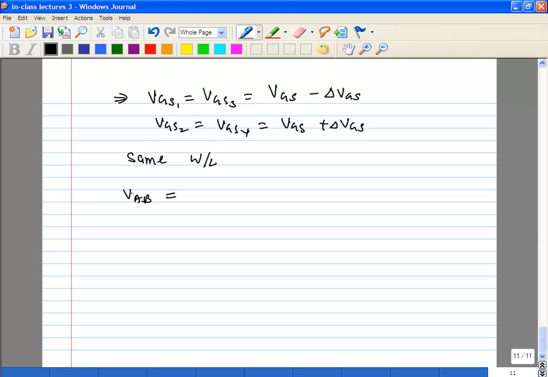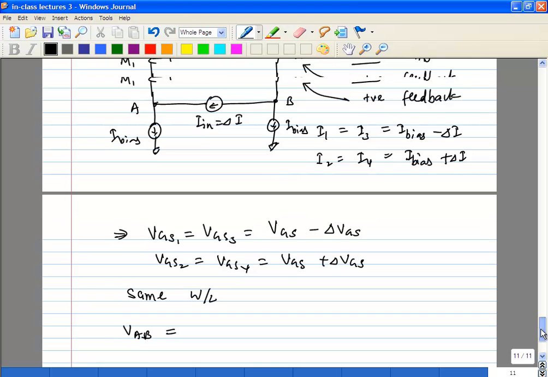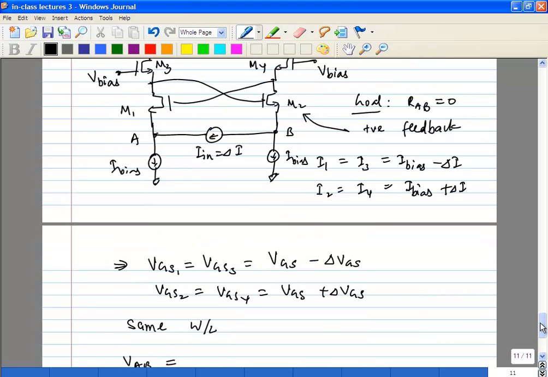What is VAB? You have 2 VGSs here. For A you have V bias minus VGS4 minus VGS1. For VB you have V bias minus VGS3 minus VGS2. We already know these. What we have done here is assume that delta I causes some linear delta VGS change.